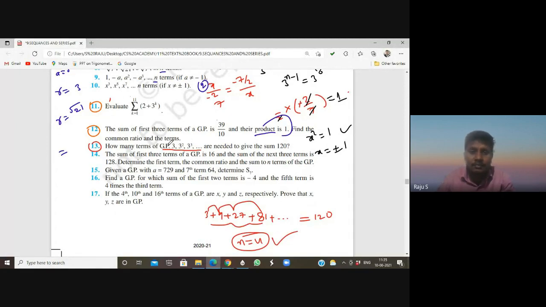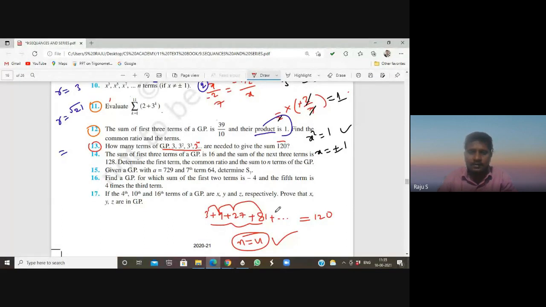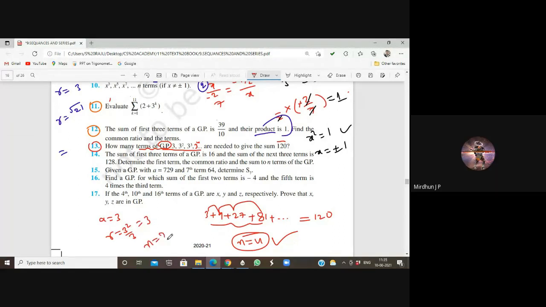The sum of the first 4 terms becomes 120. Is it clear? 3 power 4. That's it, the answer is 4. But we cannot write it in this way. So what shall we do? Clearly they mention a GP. The first term is 3 and the common ratio is 3 square by 3, that is equal to 3. Then we want to find the n value.